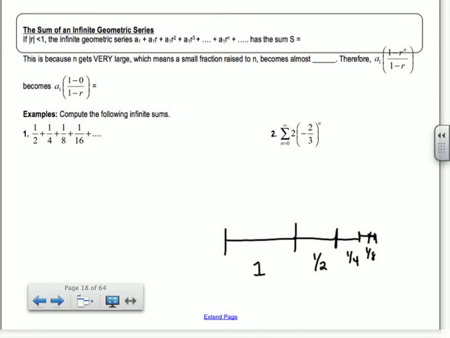So let's see on this one. We're going to use our formula: A1 times (1 minus R to the N) over (1 minus R). Your first term is 0.01. You're going to have 1 minus R to the N, which is 1 minus 2 to the 30, over 1 minus R, so 1 minus 2. Try to figure that out on your calculator.